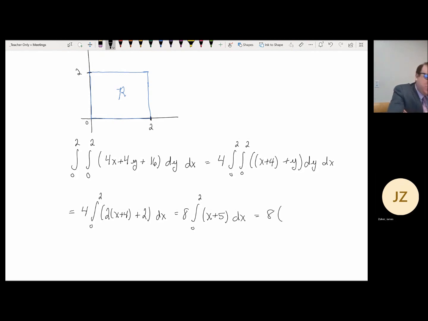Half x squared from 0 to 2 is also 2. And then 5 from 0 to 2 is 5 times that length, which is 2. Get 8 times 12, is 96. So there's your double integral.